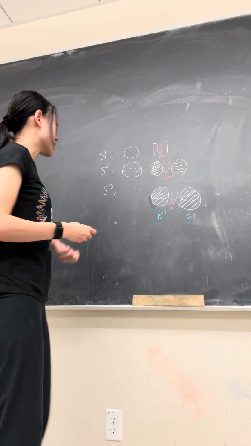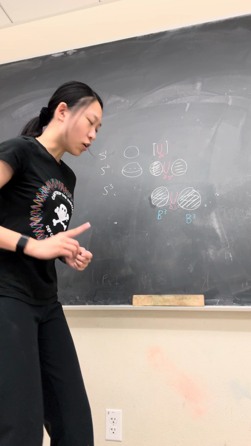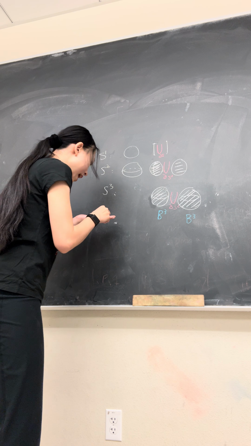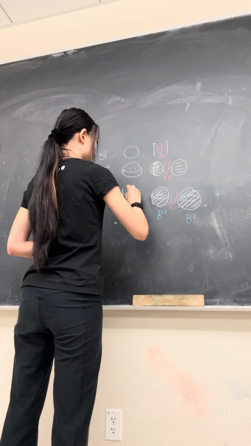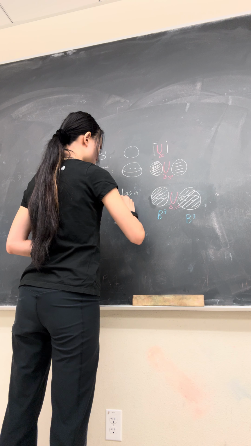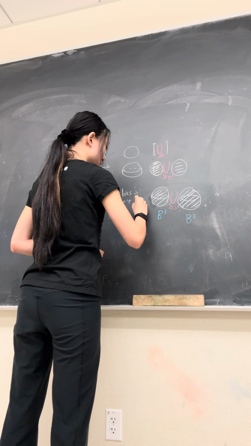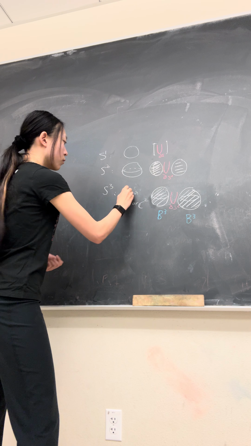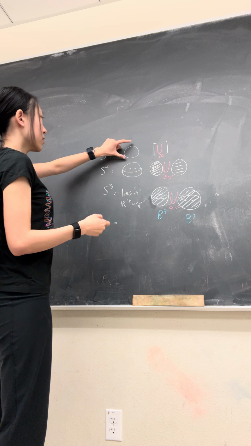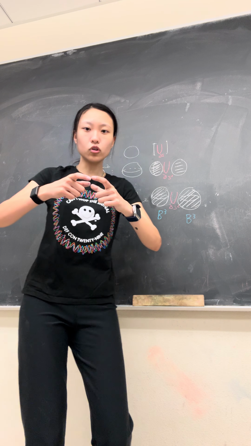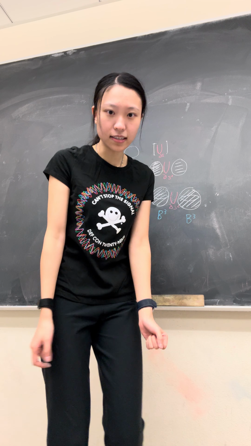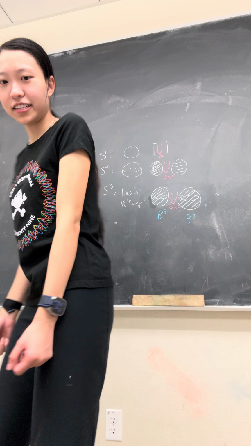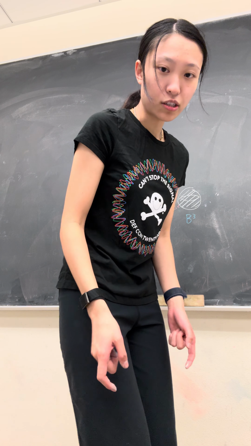That's exactly because of this following fact. So S3 actually lies in R4 or C2. So why is that? So you can see here, even though the circle, if you just stand on this circle, you walk around, you can only walk in this singular direction that's constructed by the circle.